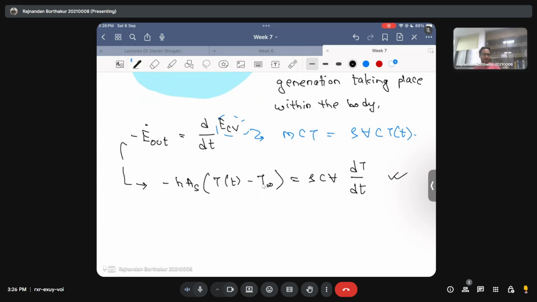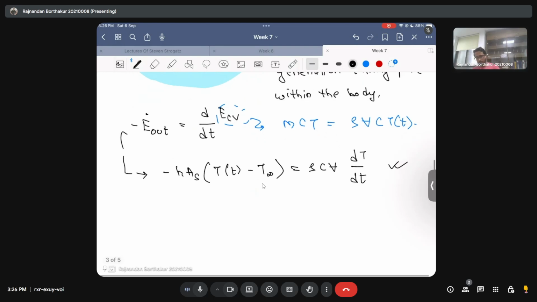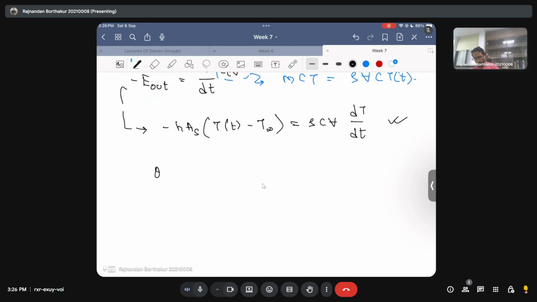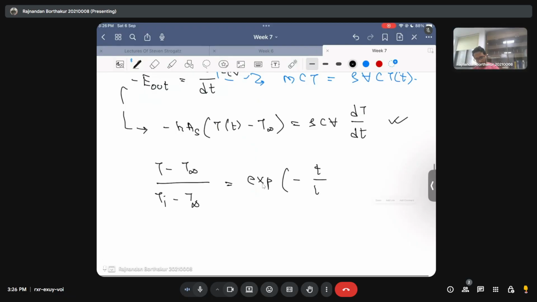So this is an ODE in which you can apply the method of separation of variables, and if you do that, you end up getting an expression for the temperature profile: (T minus T infinity) by (Ti minus T infinity) is equal to exponent of minus t by tau c. I'm skipping the intermediate steps because you have already done this in the lecture series.